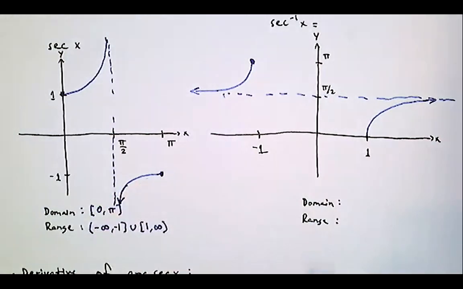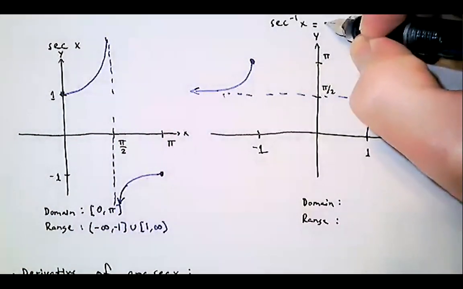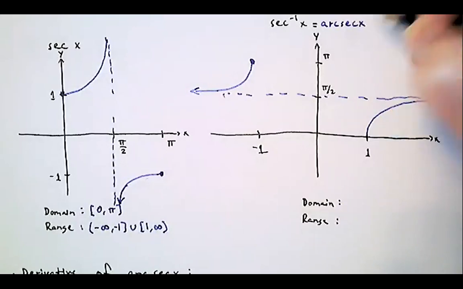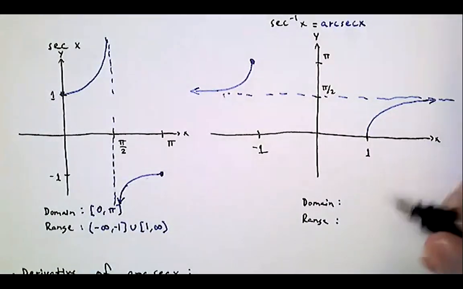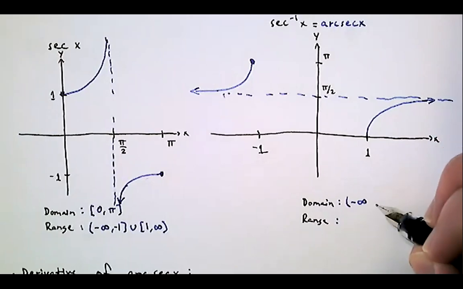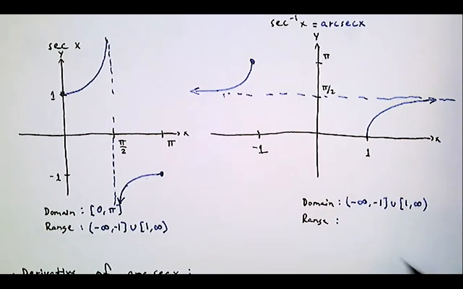So the domain of our secant inverse, or arcsecant, corresponds to the range of secant. So we can plug in anything from minus infinity up to minus 1, but then there's this gap from minus 1 up to 1, and then we can continue on. And then the range is from 0 to pi.